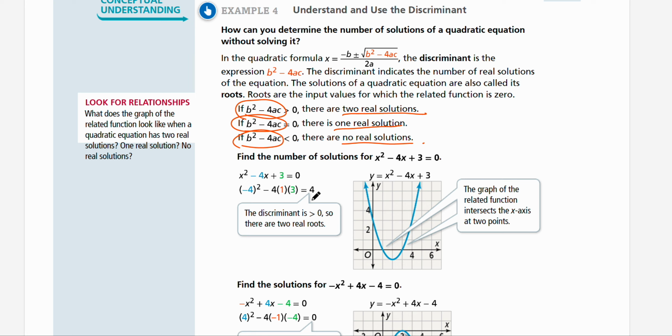If the problem doesn't require you to actually solve for the solutions, and it just asks how many real solutions you have, then you don't have to solve all of this, right? You just need to solve for the discriminant, and then you can figure out how many solutions there are.